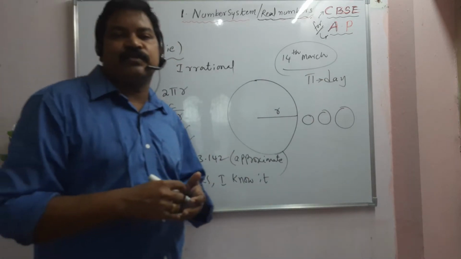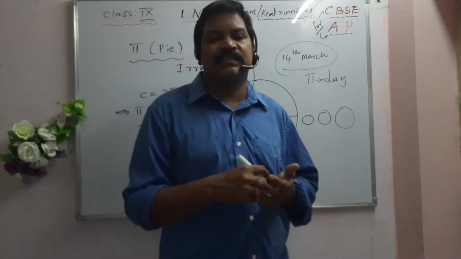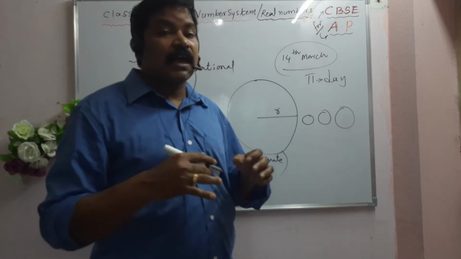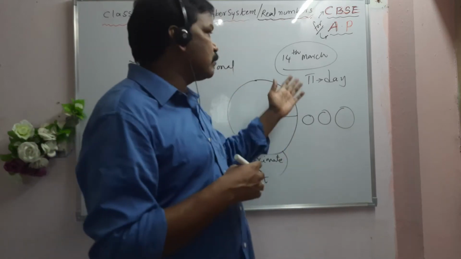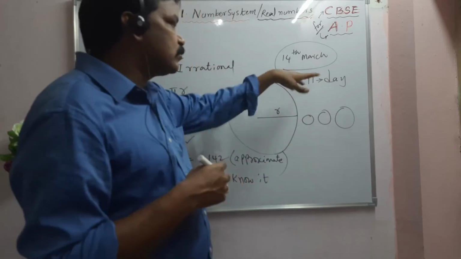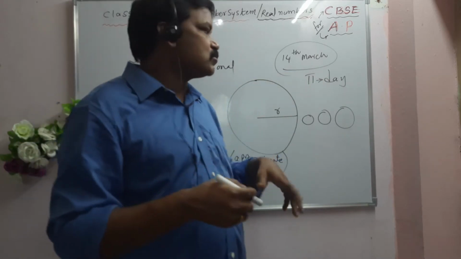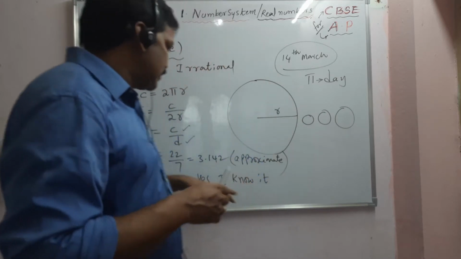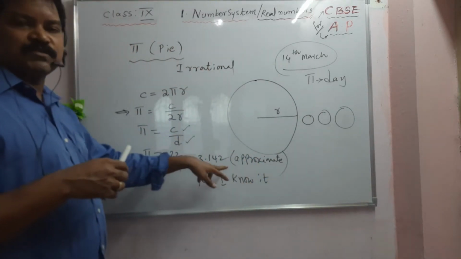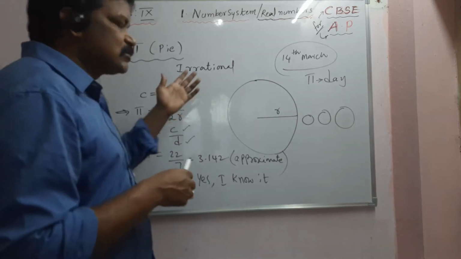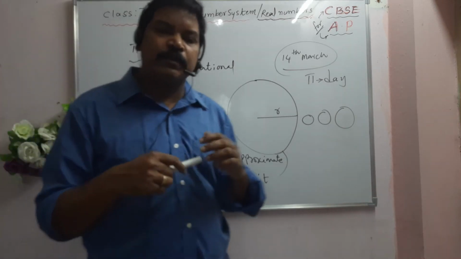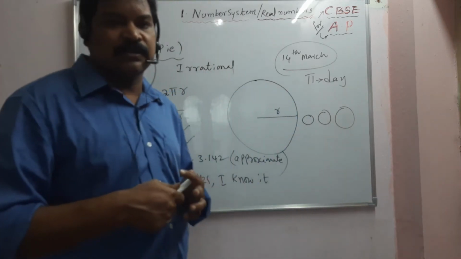On the eve of a great scientist, Sir Einstein's birthday, we celebrate Pi Day. 14th March, Einstein's birthday. That day also we celebrate as Pi Day. 3.142. Right, it's very interesting, children. I hope everybody understands this concept of pi.